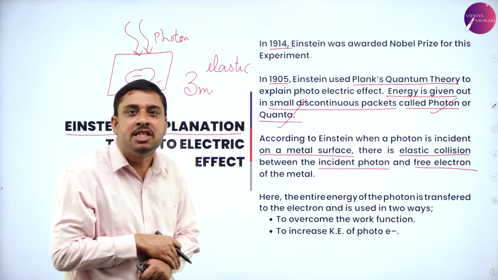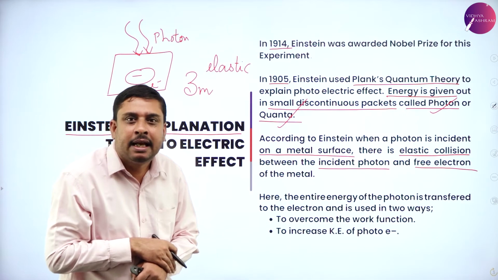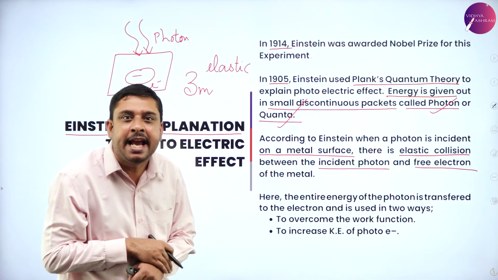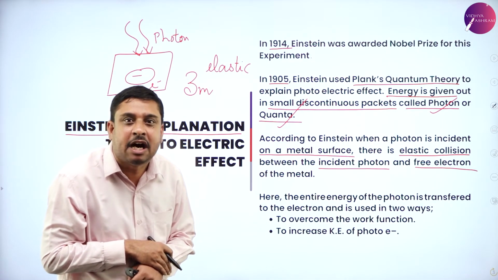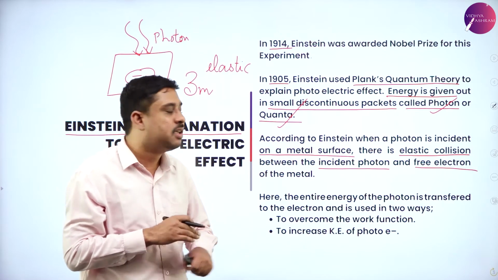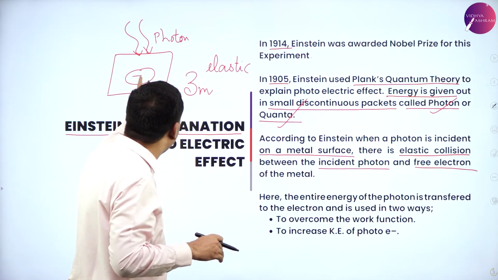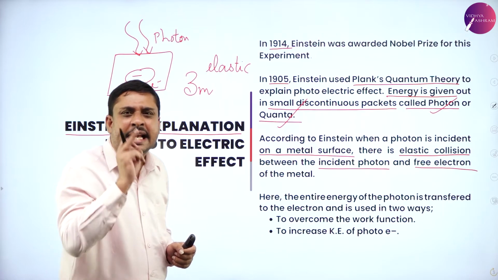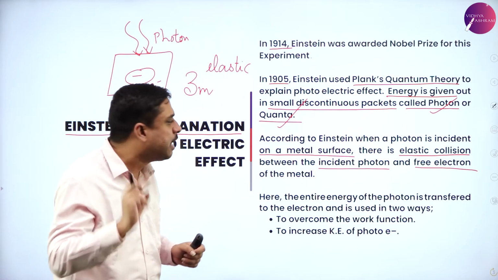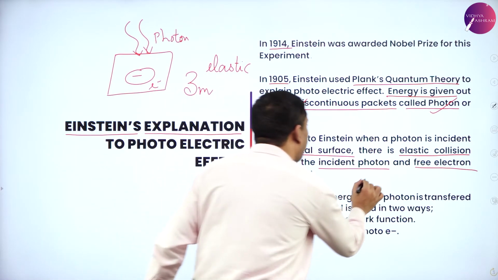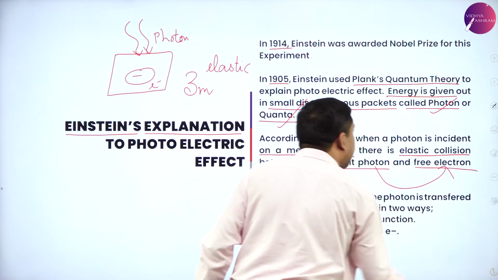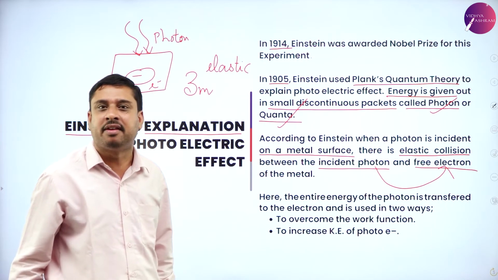Elastically means to say both kinetic energy and momentum is conserved, which means during collision, the entire energy of the photon is taken up by the free electron.